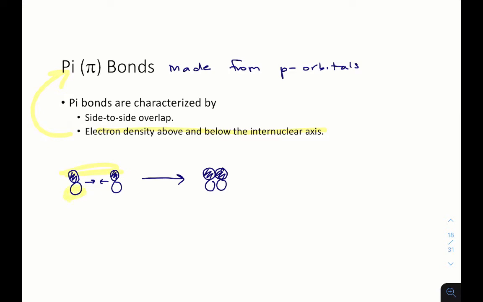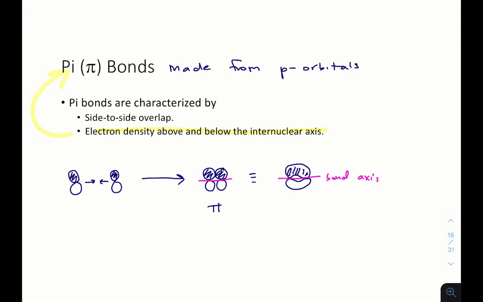The unshaded of one orbital interacts with the unshaded of the other orbital. They constructively interfere. We can draw a pi bond or a pi orbital like this, or we might actually show the overlap between the two lobes and draw a little hamburger. Either drawing is okay. And you can see the bond axis, the internuclear axis.